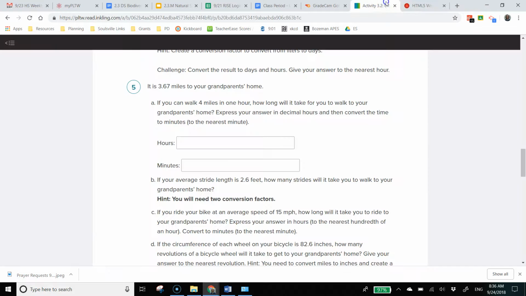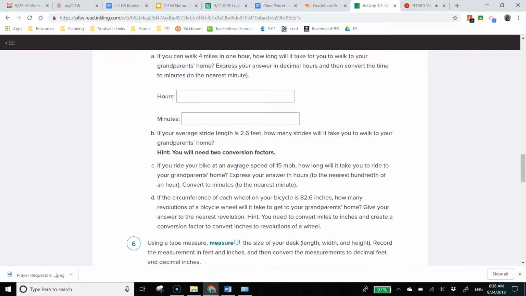Alright, and finally, probably the trickiest one is D. It says if the circumference of the wheel is 82.6 inches, how many revolutions will it take to your grandparents' home? We're going to need to convert miles to inches and then inches to revolutions. So let's do that. There's going to be multiple factors here.